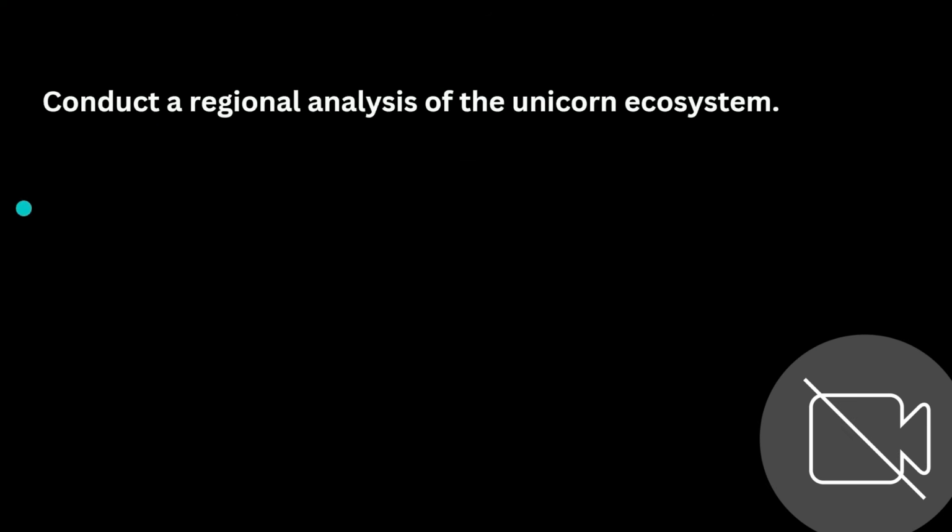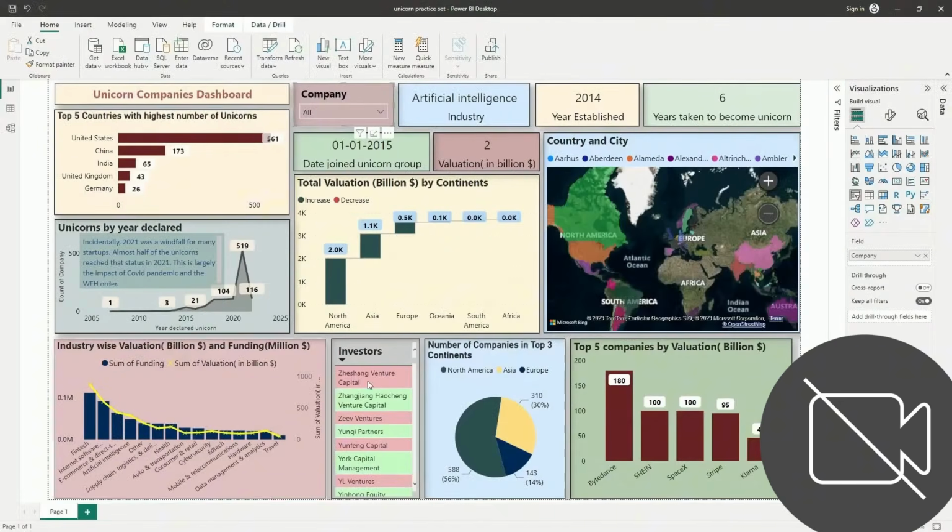Next one is to conduct a regional analysis of the unicorn ecosystem. Based on the valuation by continent chart and field map, analyze the key drivers of growth in North America and Asia. Let's see what our graph was. See, in North America, valuation was highest, right?